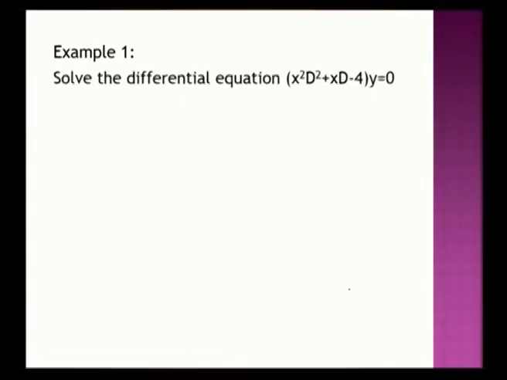Example 1. Solve the differential equation x square d square plus x d minus 4 into y is equal to 0. So, this equation can be solved by adapting the method which we learnt in earlier theory. In earlier theory, first what we did is we substituted an exponential function.